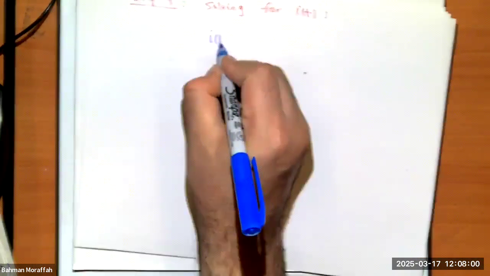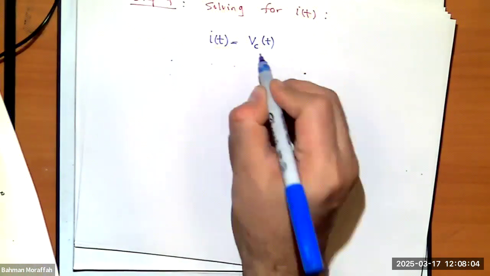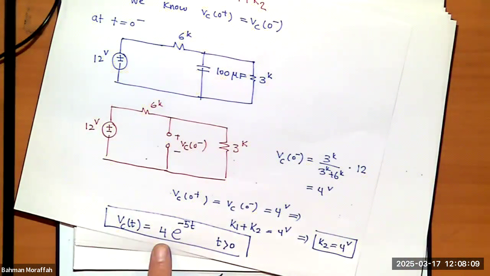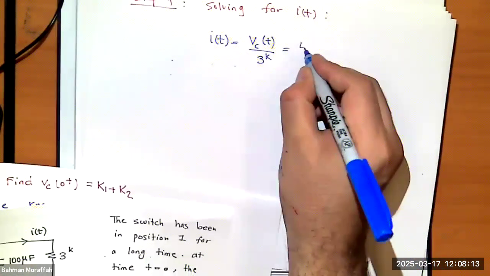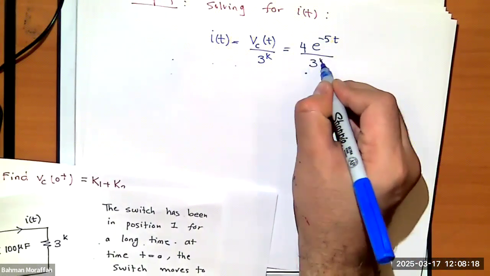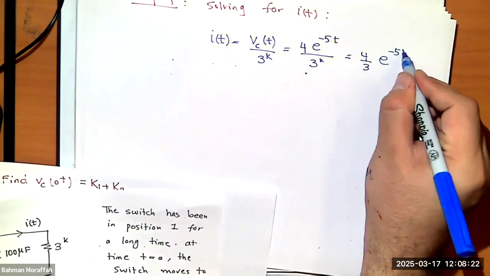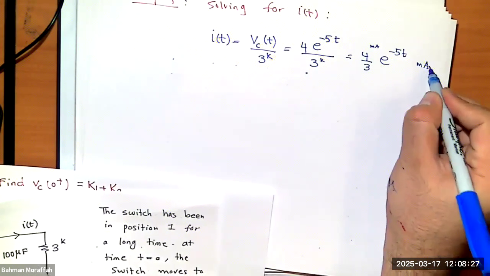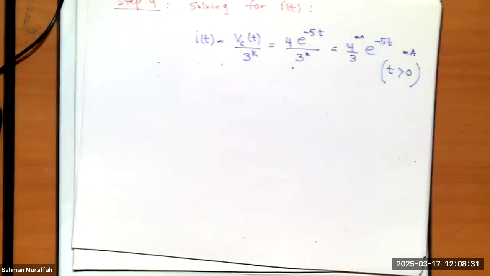I know I of t is voltage across the capacitor divided by 3K. We know this is voltage across the capacitor, so we're going to plug it in there. So we have 4 e to the power of minus 5t divided by 3K. So it's 4/3 e to the power of minus 5t, basically in milliamps. And this is true for time greater than 0.